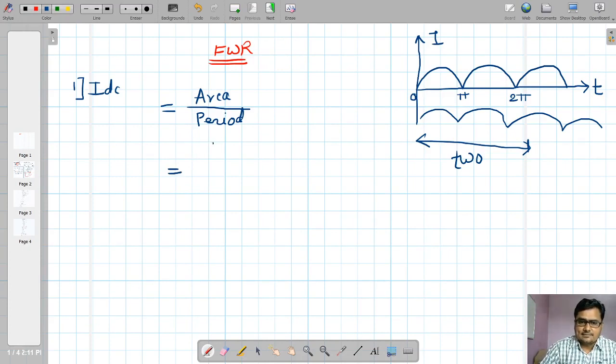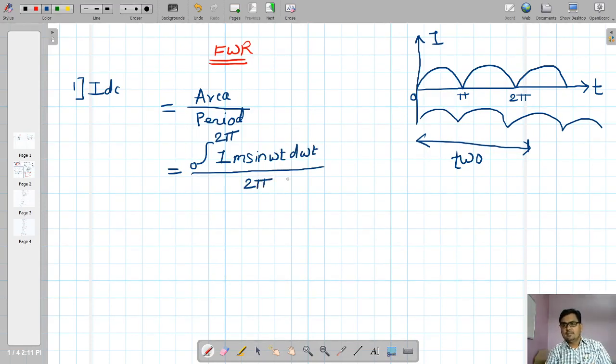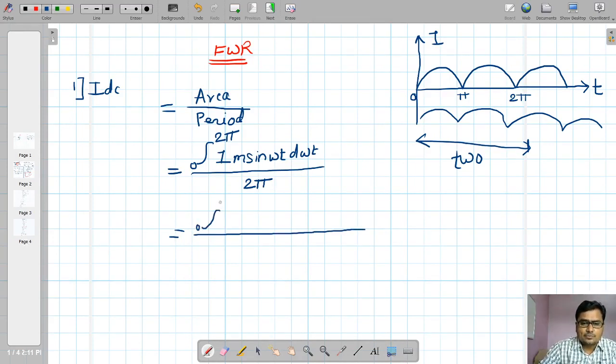Now how to find out the area? It means integration from 0 to 2 pi. As I am considering its current waveform, it is Im sin omega t d omega t, divided by the period of 2 pi. Now simply split this integration, splitting the period into two parts: one part from 0 to pi and another part from pi to 2 pi.